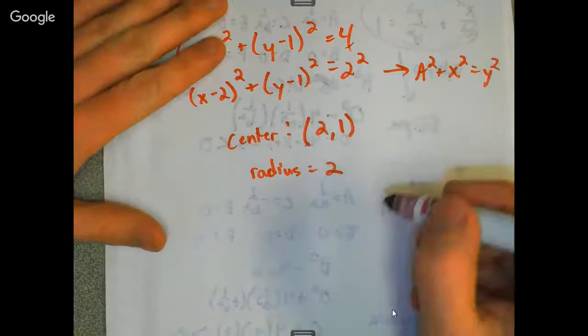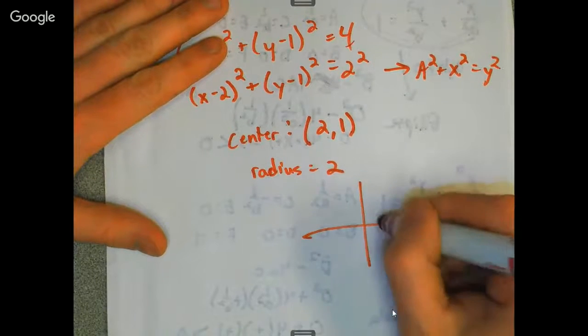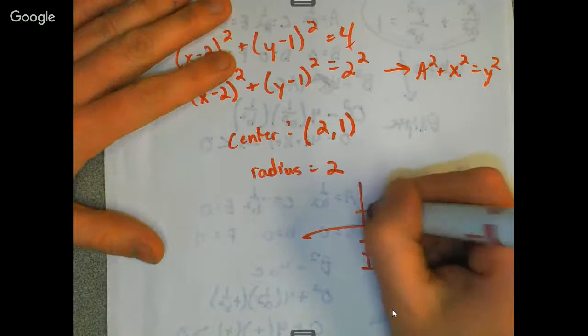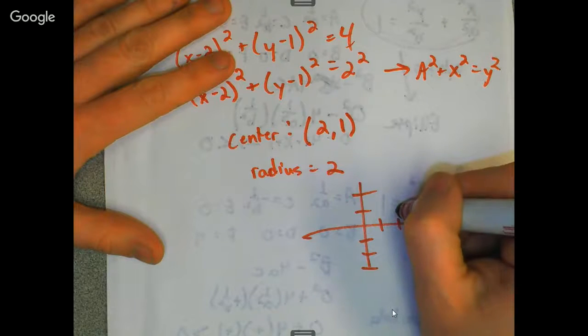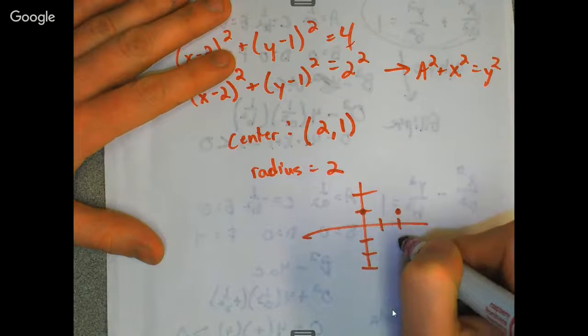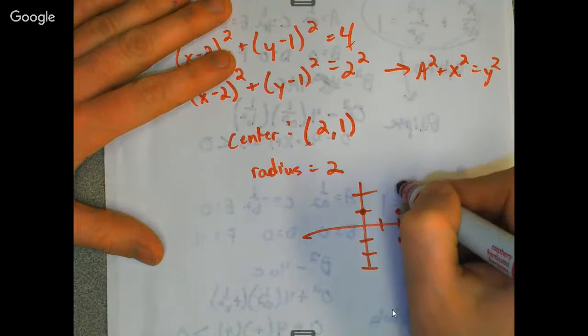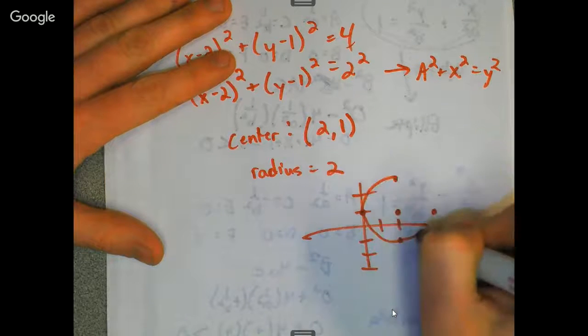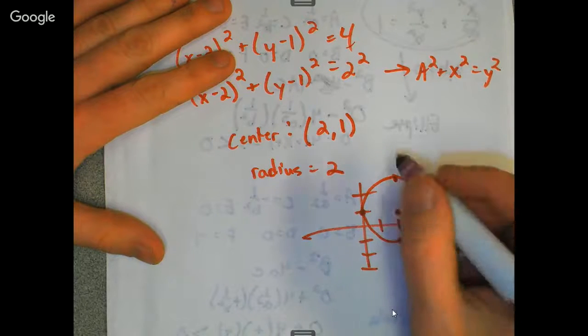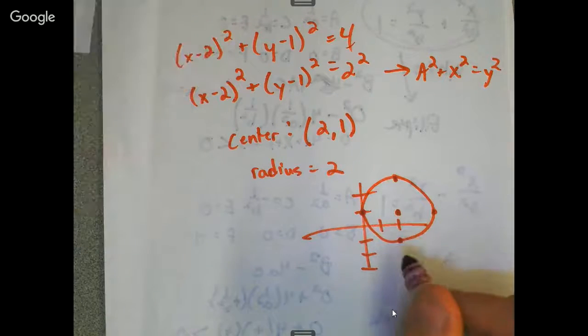So when I go create that circle, we're at 2, 1, and my radius is 2. So I'm going to go 2 this way, 2 this way, 2 this way, and 2 this way, and create that circle. So all of these points along this line are the same distance from that point right there.